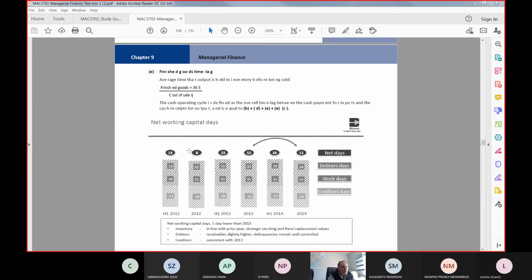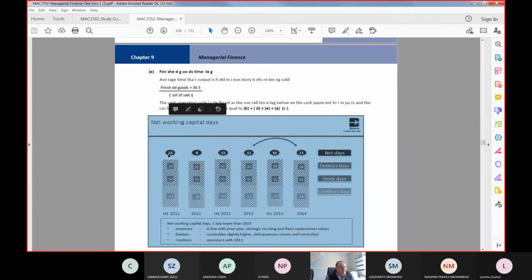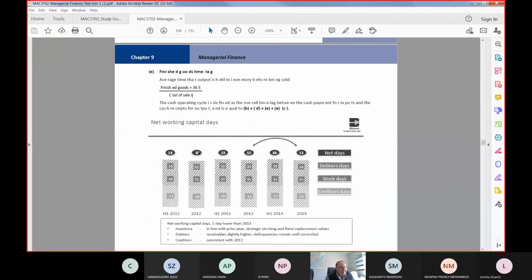Your net effect should always try to be positive, because you're trying to bring these days to the lowest. Your net days must always reduce. So look what is happening here. 13 days in the first quarter, 8 days. Your second quarter was quite nice. Okay. Your third quarter is steep, bad.